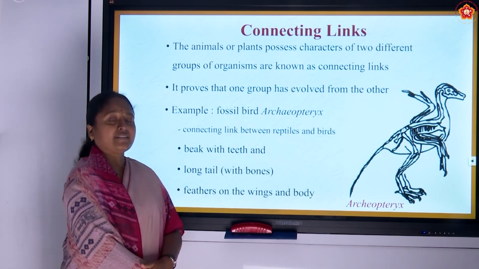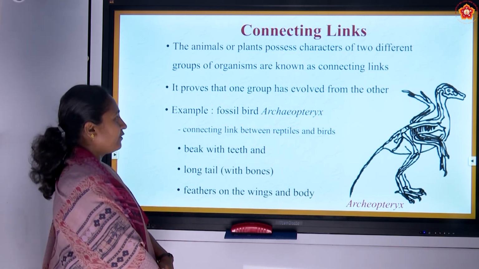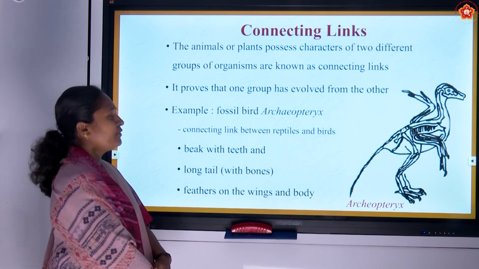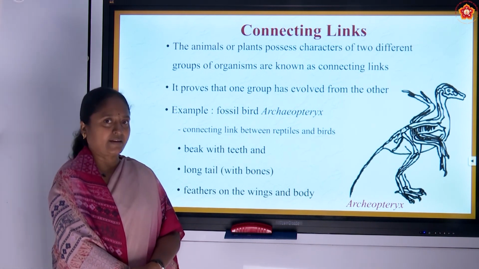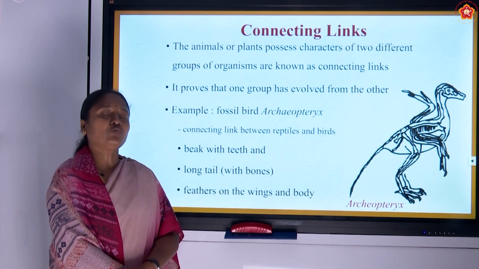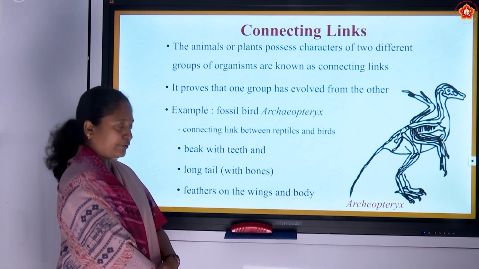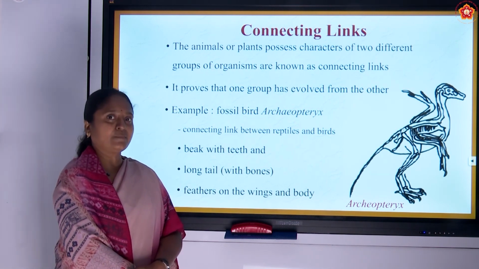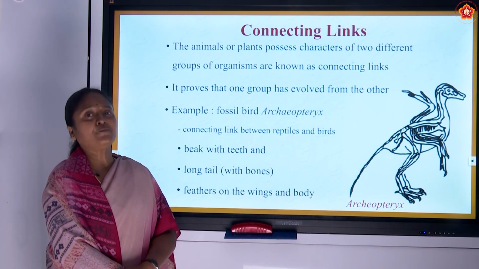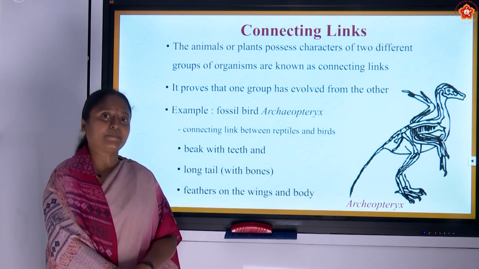Now we will see what a connecting link is. Connecting link is also one of the important characters we have listed, right? Here are organisms which possess characters that show a connection between two different groups of organisms. The example given here is Archaeopteryx. This is a fossil bird. It had a few characteristic features of a bird and a few characteristic features of a reptile.